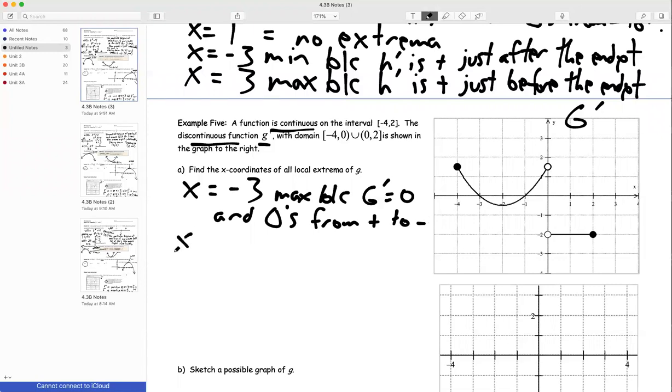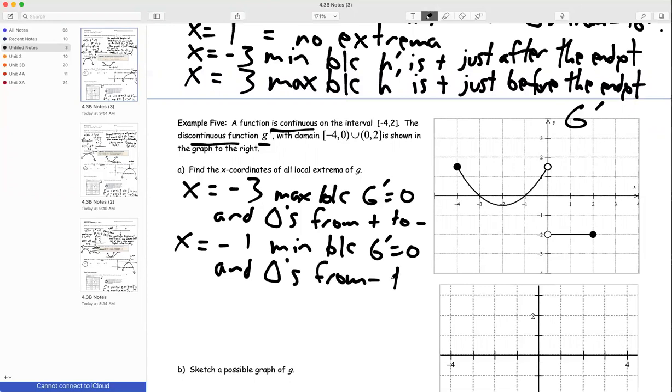And so then I'm going to go to the next one, which is x is equal to -1. And I know that this is a minimum because g prime equals 0 and changes from negative to positive.